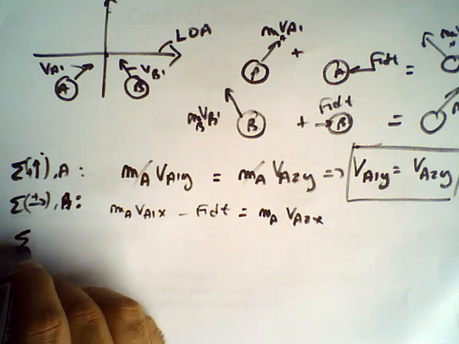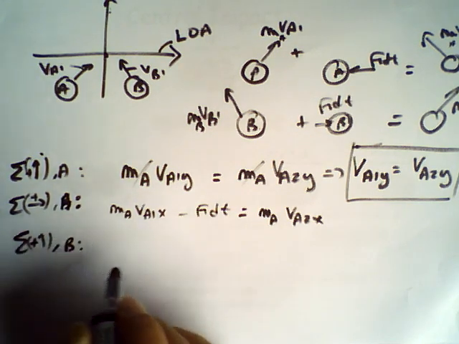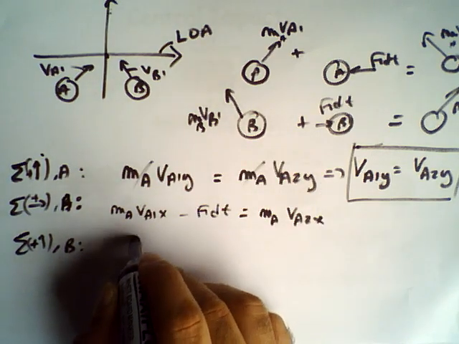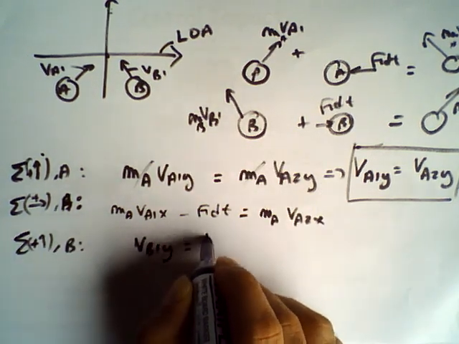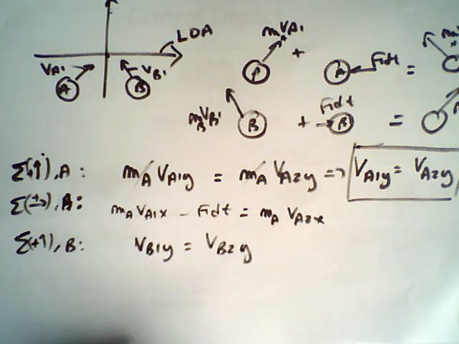Now on B, if you sum the impulses in the upward direction on B, what do you get? You're going to get a similar result: VB1Y is going to be equal to VB2Y.